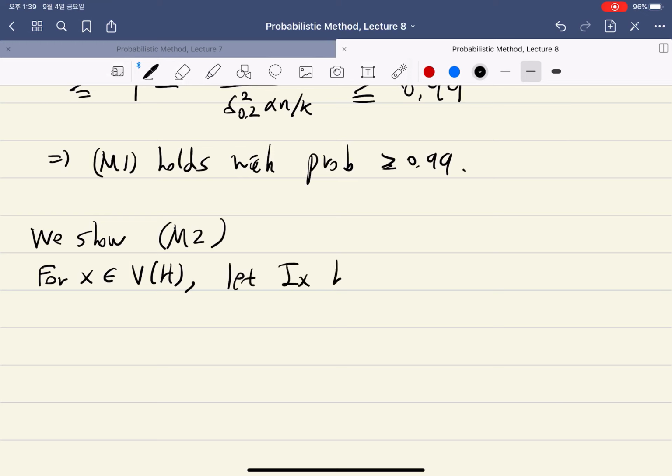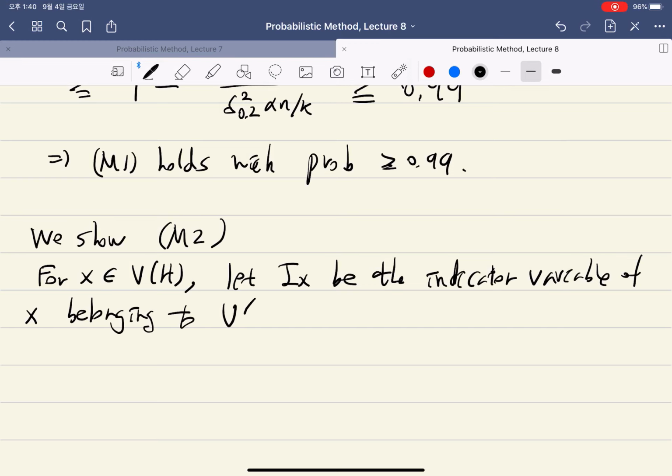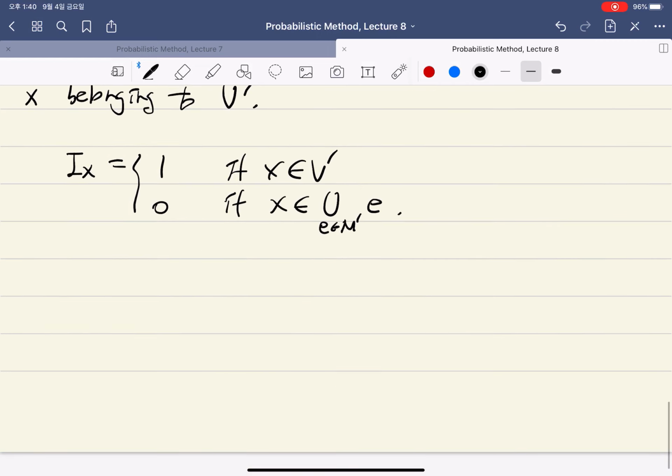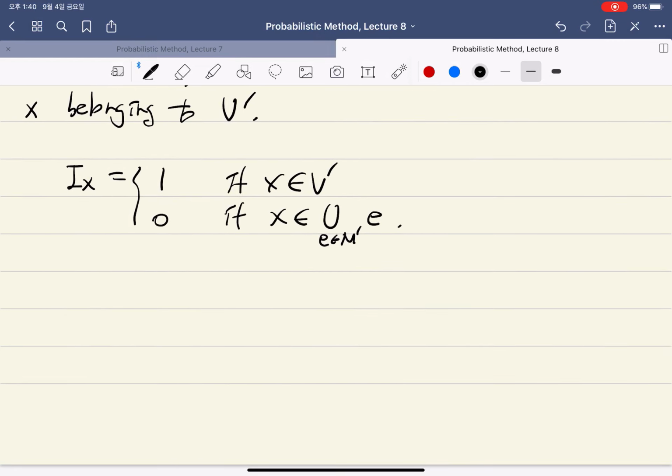So let Ix be the indicator variable of x belonging to V prime. Meaning that Ix is 1 or 0: 1 if x is in V prime, otherwise if it belongs to a chosen edge, then it is 0. Then V prime is the summation of these indicator random variables.